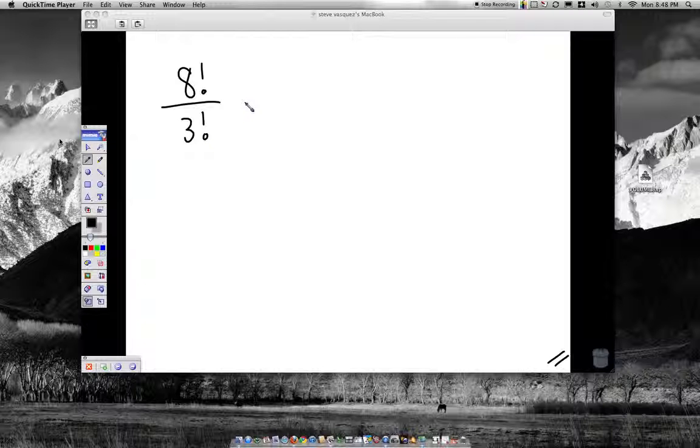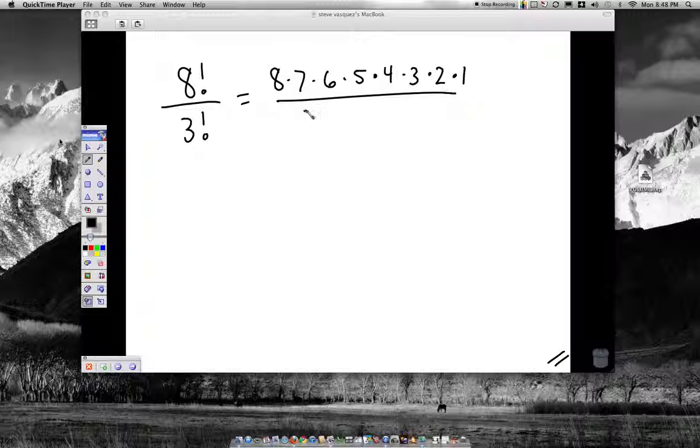If I take a look at 8 factorial over 3 factorial, I'm going to write 8 times 7 times 6 times 5 times 4 times 3 times 2 times 1 divided by 3 times 2 times 1.